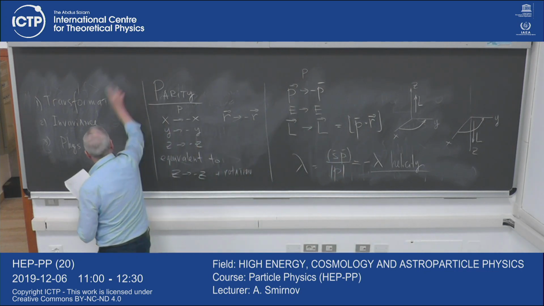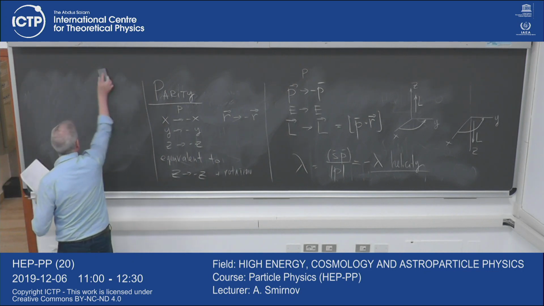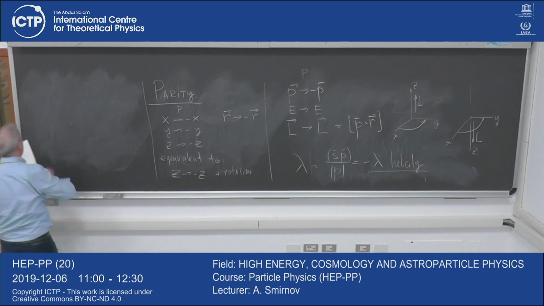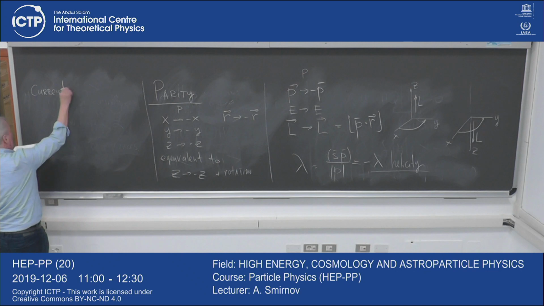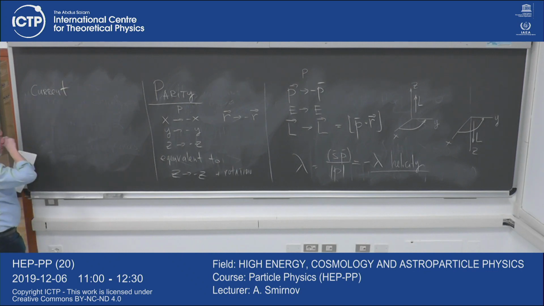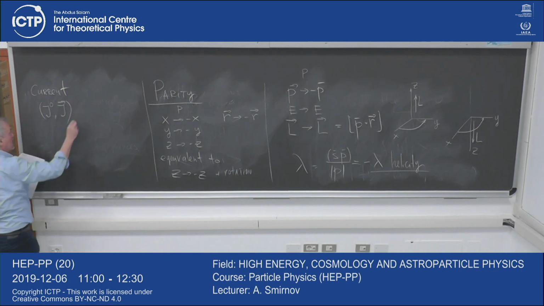Let me add more. How is the current transformed under P? The current has four components: the zero component and the vectorial components.